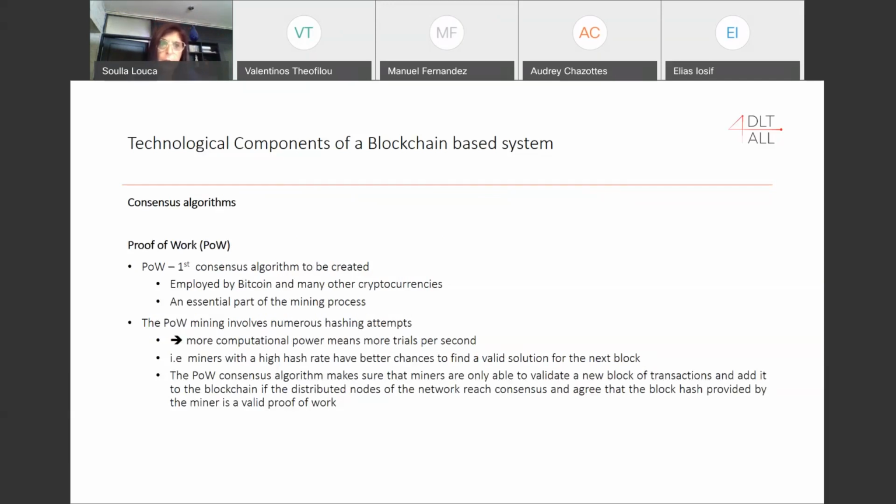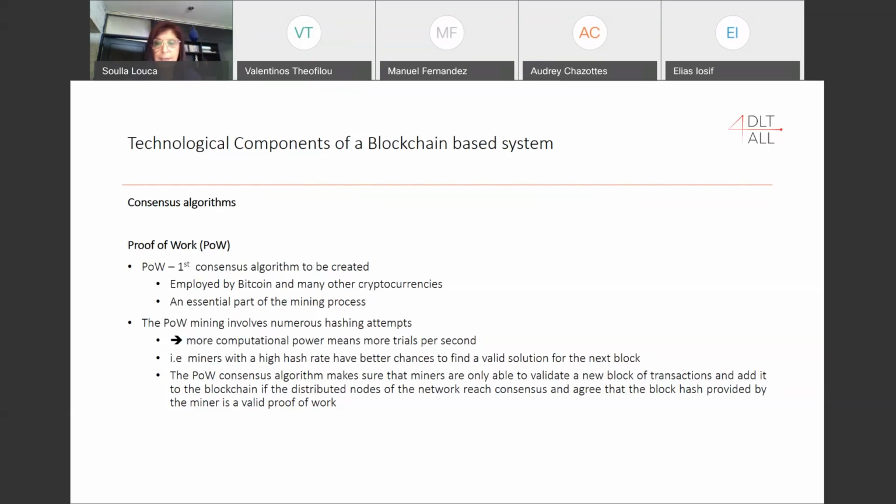The first one that we're going to discuss is proof of work, which was actually the first consensus algorithm to be created. And it's employed by Bitcoin. And of course, that's why it was the first one. Bitcoin was the first blockchain.